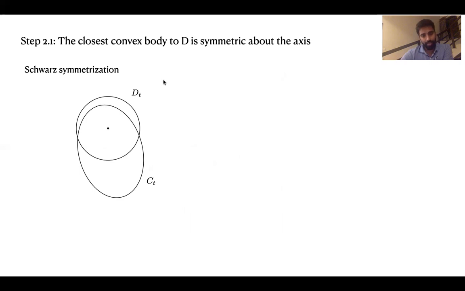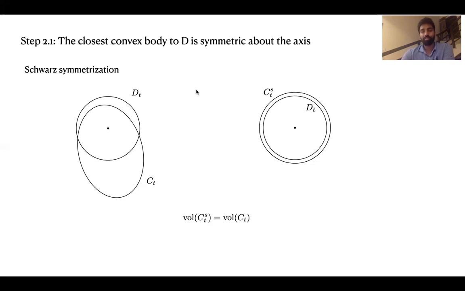Now we replace this CT, which is an n-1 dimensional body, same as DT, with CST, which is a ball such that the volume of CT is the same as the volume of CST. And you do that for all T.